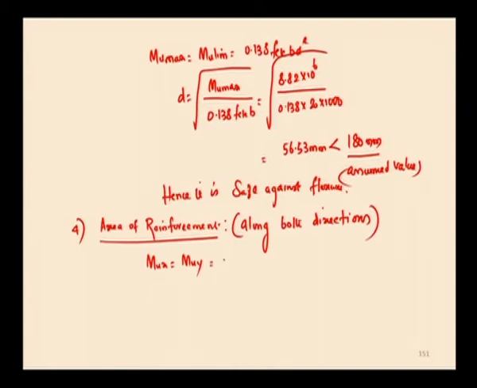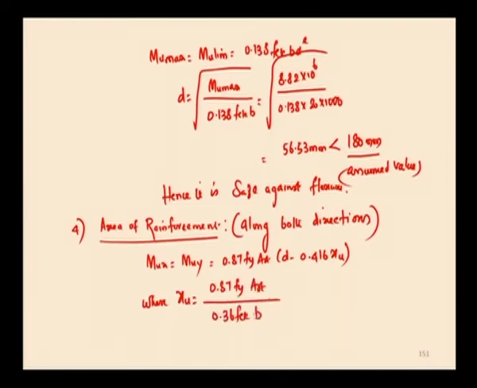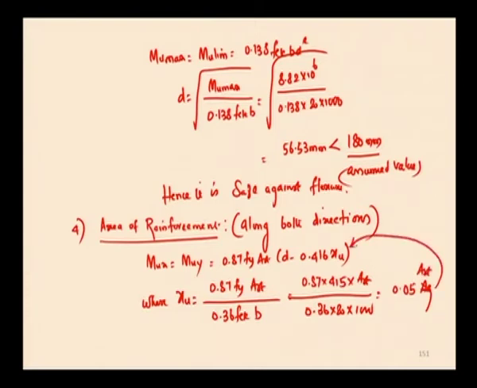So, mu is equal to 0.87 fy Ast into d minus 0.416 xu, where xu is equal to 0.87 fy Ast divided by 0.36 fck b. When you substitute, 415 into Ast divided by 0.36 into 20 into 1000, which is equal to 0.05 Ast, that has to be substituted in the equation.